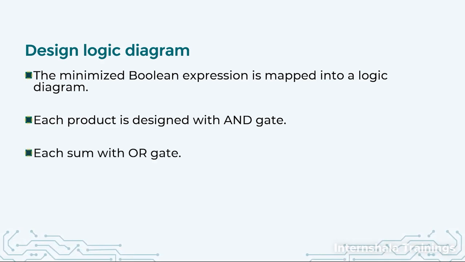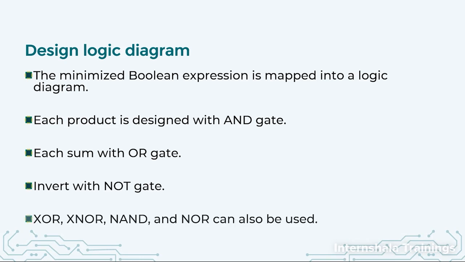Similarly, a plus sign will be mapped with the OR gate, and the invert symbol will be replaced or designed with a NOT gate. If you have any other gates like XOR, XNOR, NAND, NOR, they can also be used when we convert our expressions into a logic diagram.